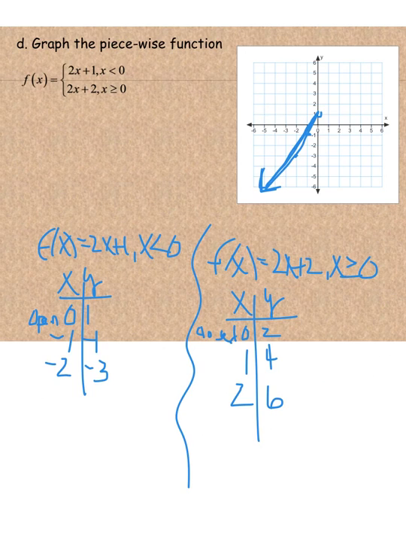And we'll plot these points, 0, 2, 1, 4, and 2, 6. Again, this is the graph of a line. We'll draw the piece of this line where my x values are greater than or equal to 0.